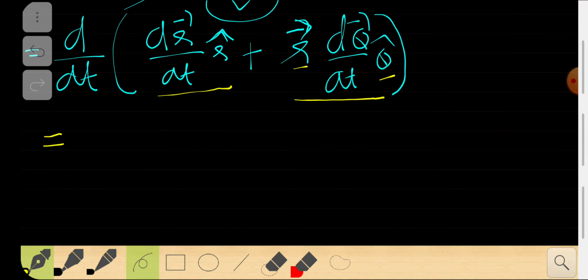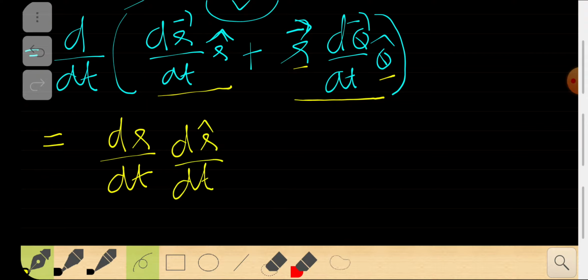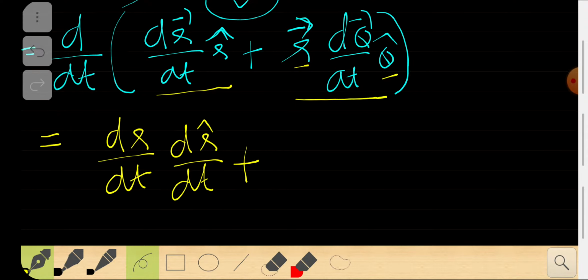So in the first part you have two functions, so that's easier. So that's first function dr by dt, which is a vector, times d of r cap by dt, right? So I'm going to represent vectors just as r, and for unit vectors I'll write down r cap, so it's easier to understand with the notations. Let's not complicate ourselves. So plus the second, again product rule.